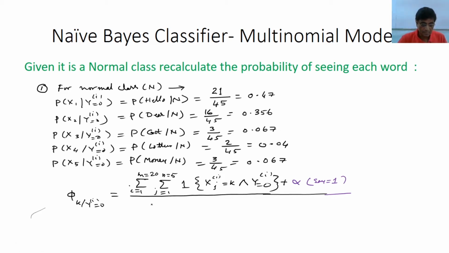And then we are noting down here i equals to 1 to m, 20, n_i plus 5 times alpha, right?